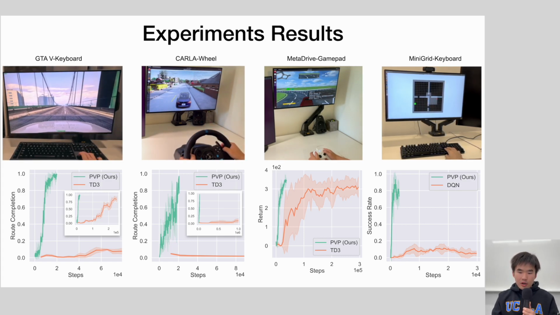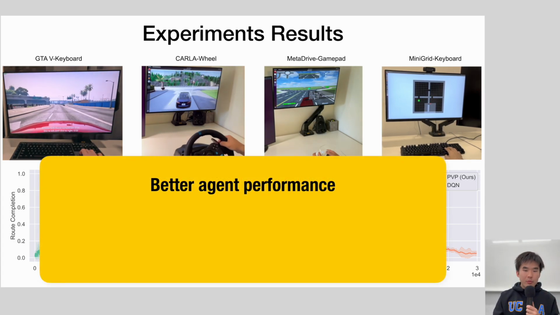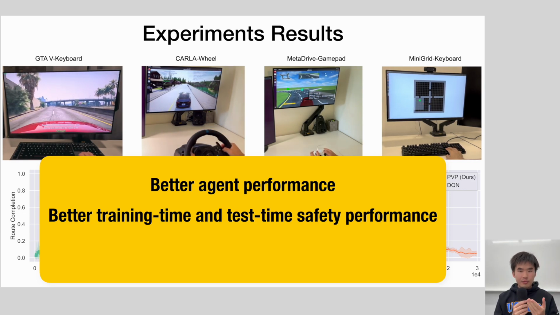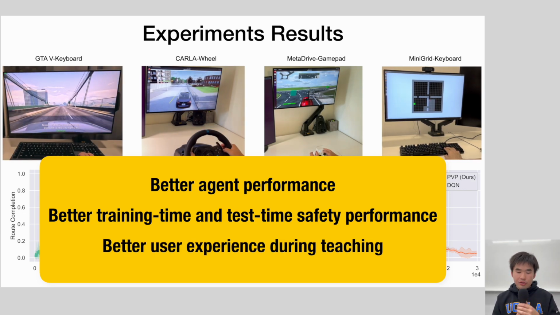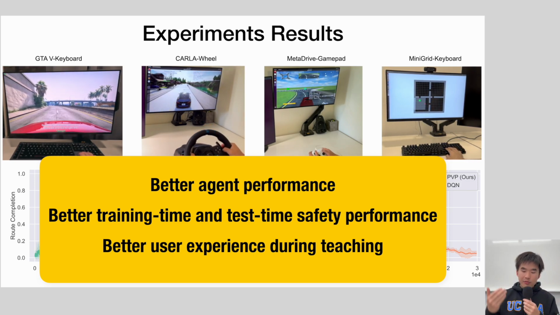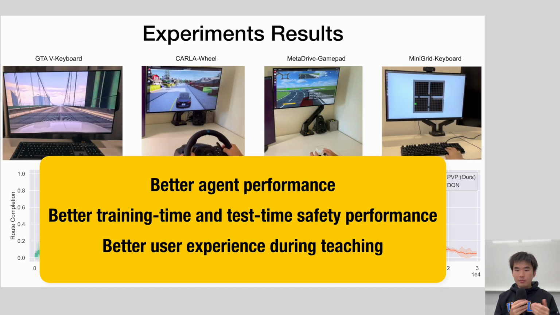In the paper, we not only demonstrate better agent performance, but also better training time and test time safety performance. We also conducted a user study showing that by using PVP, we can achieve better user experience compared to other human-in-the-loop methods.